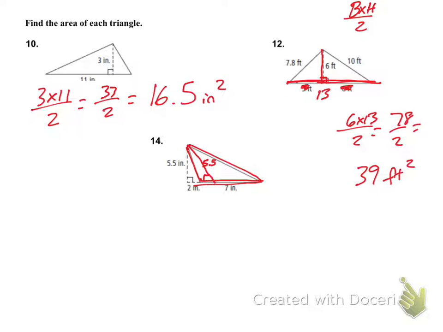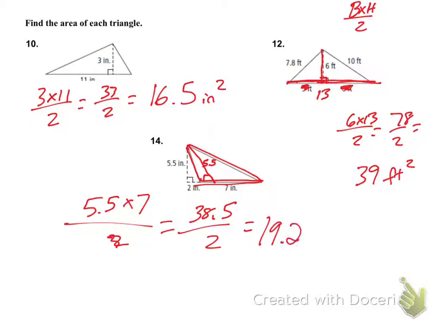So what I need to do is 5.5, because that's my height, times 7 divided by 2, not 3, 2. So that's going to give me, let me get a calculator, 5.5 times 7 is equal to 38.5. Let's see if I did this one right or wrong. 38.5 divided by 2, it's 19.25.